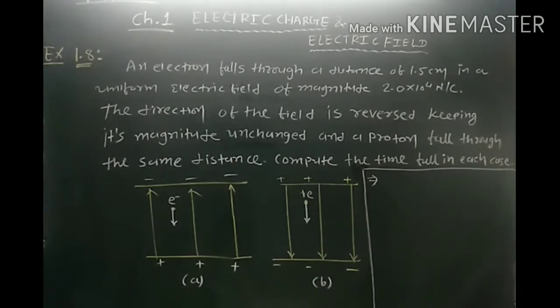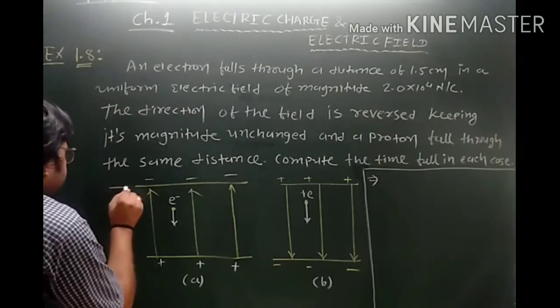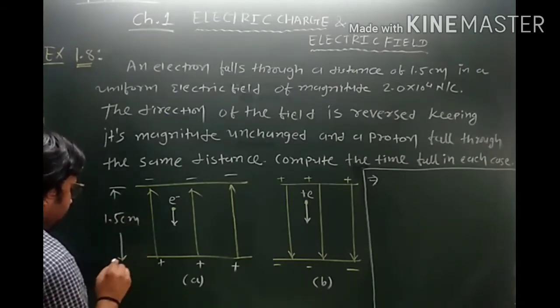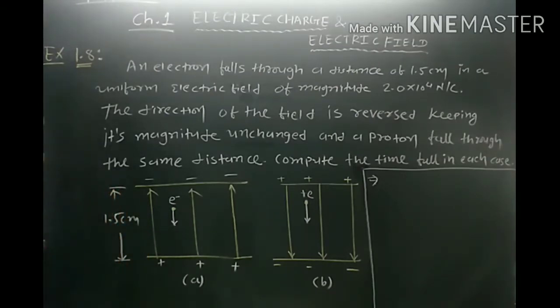So here the distance in the electric field is 1.5 centimeter. In the figure the field is upward, from plus to minus, so the negatively charged electron experiences a downward force.